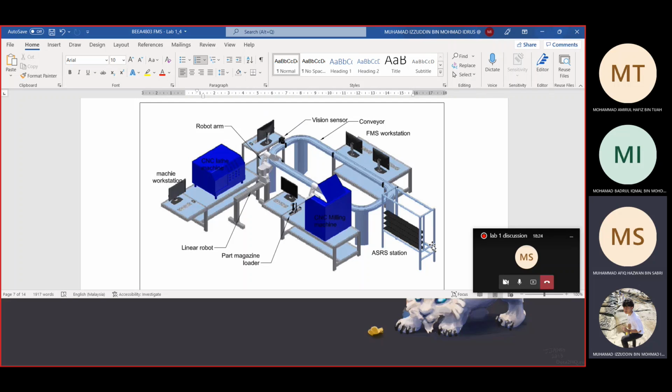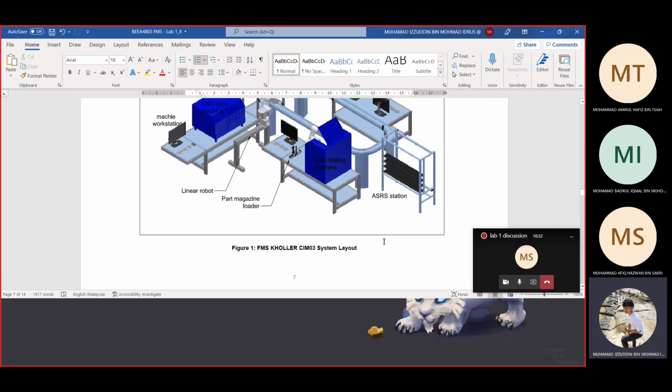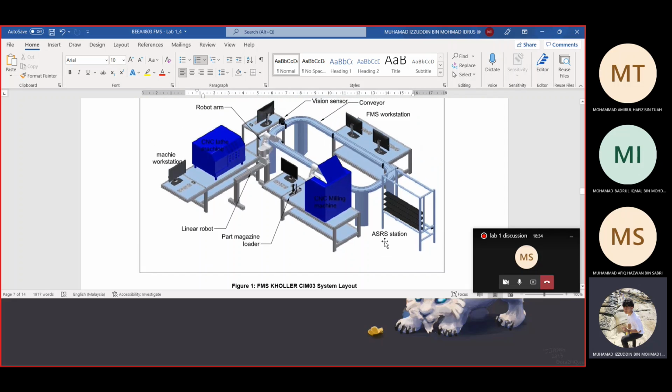Thank you, Afiq Azwan, for listing the main equipment in the F.M.S. Kholler CIM03. Next, we'll describe the main components of each system. The first equipment is the ASRS station, known as the Automatic Storage and Retrieval Subsystem.